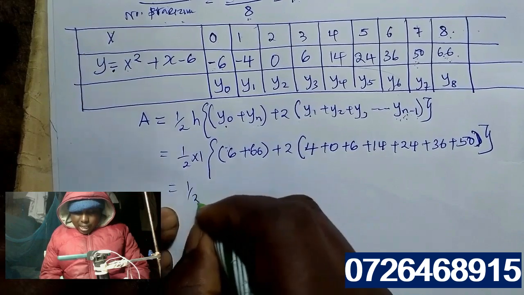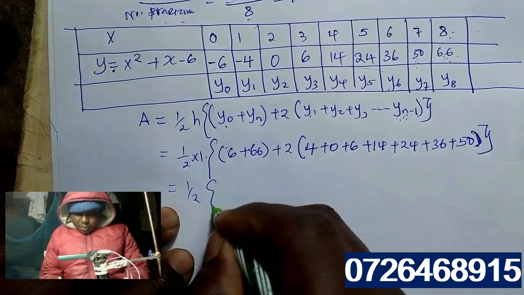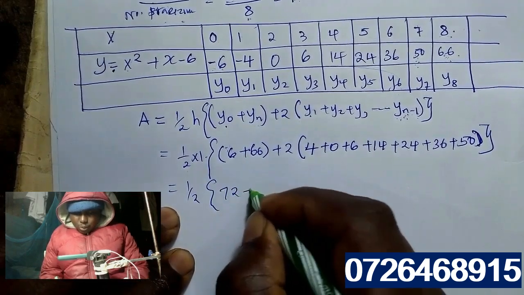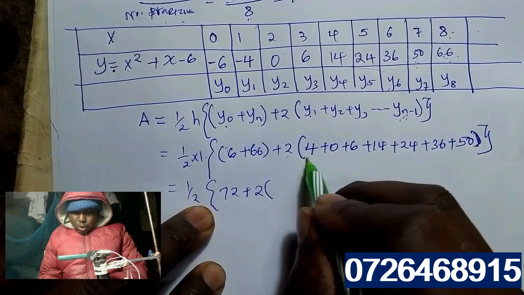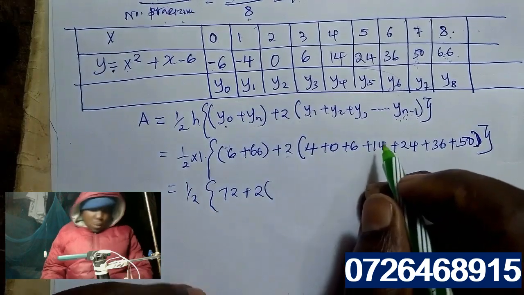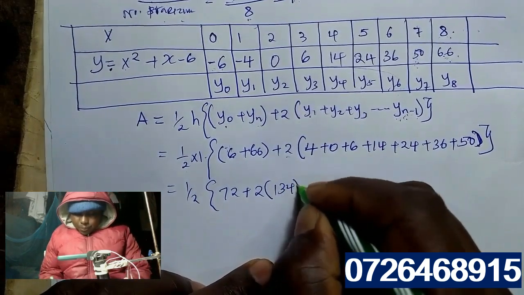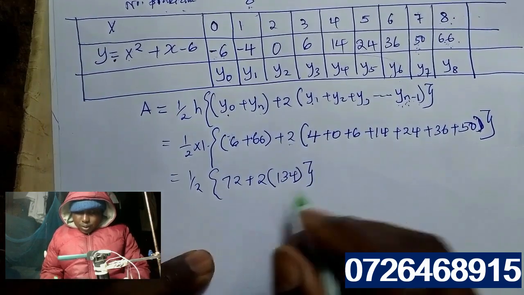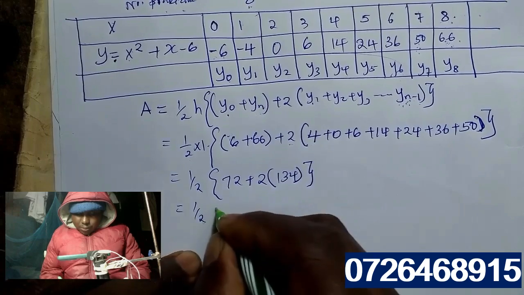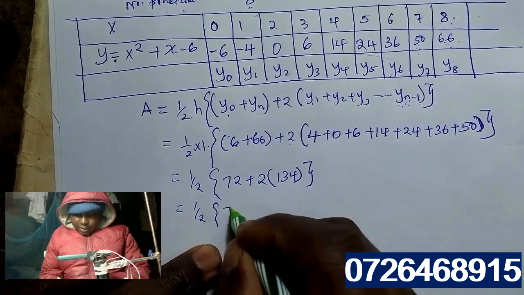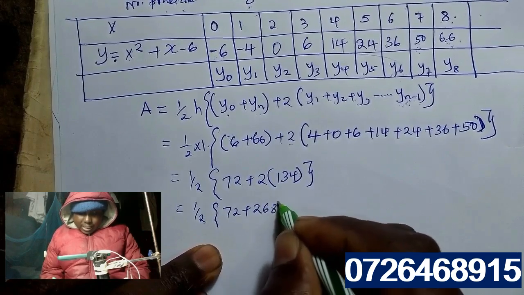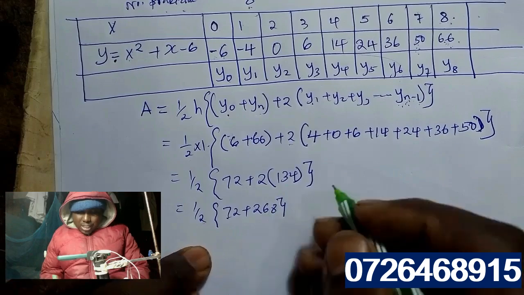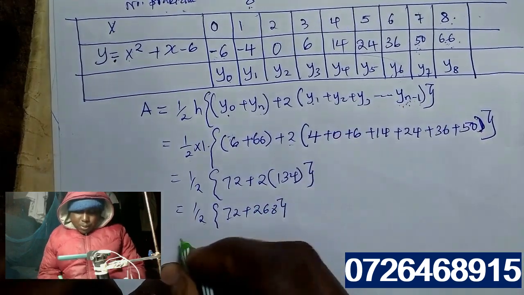This is the same as a half. Half times 1 is a half. So this one is 72 plus, multiply everything here. This is going to be 2 into, when you add all these it gives 134. Is equal to a half, big bracket, 72 plus 268. So you finish everything in the bracket before you come outside.